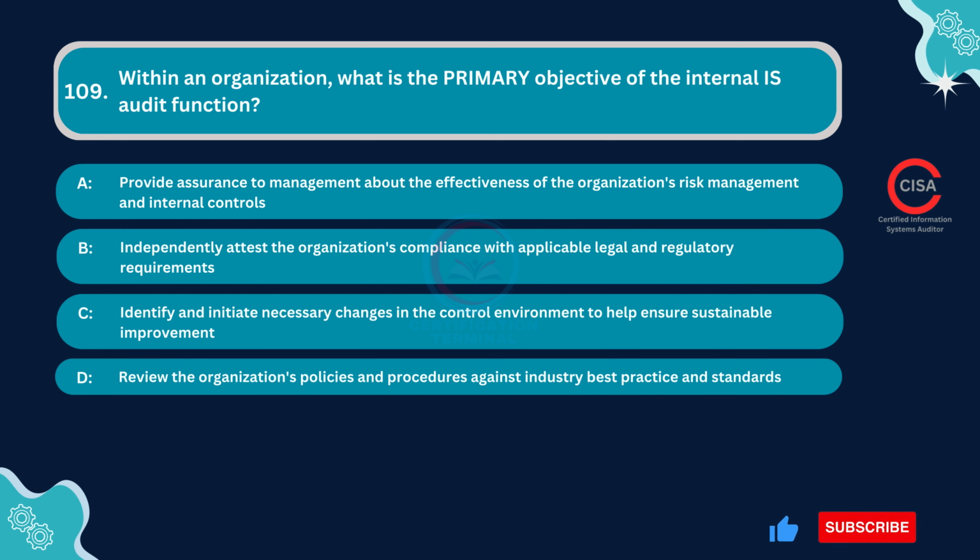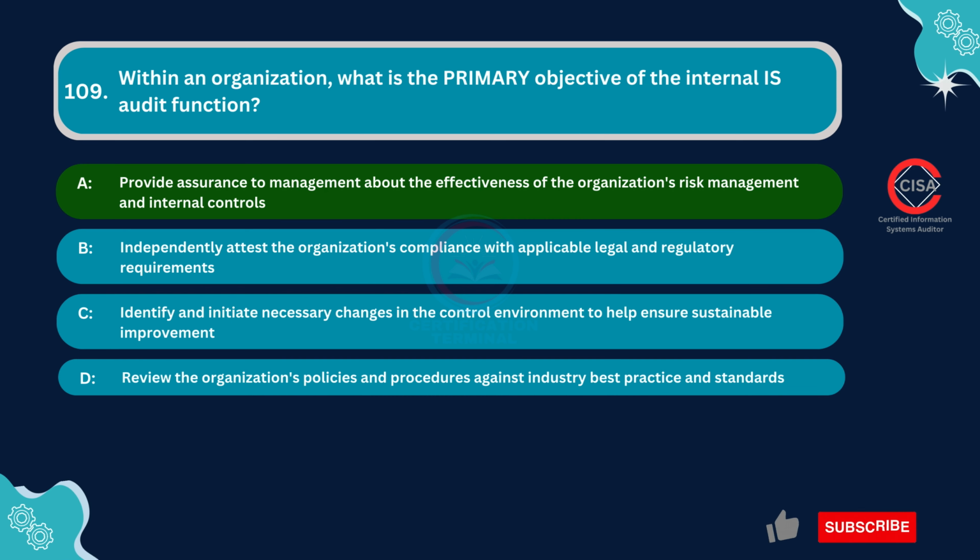The correct answer is Option A, provide assurance to management about the effectiveness of the organization's risk management and internal controls. The internal IS audit function operates independently from management. Its primary focus is to provide an objective assessment of the organization's risk management practices and the effectiveness of internal controls in mitigating those risks.